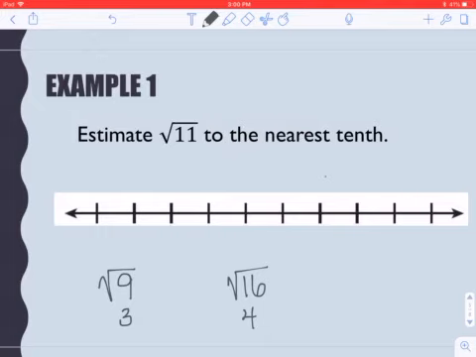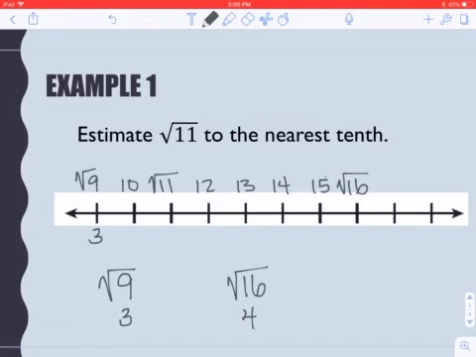It's definitely closer to the 9, because 9, 10, 11, it's only 2 away, versus 16, it's 5 away. So if I'm just thinking I want to split from 9 to 16, here's 9, 10, 11, 12, 13, I'm just going to go by ones. These are my square roots up here.